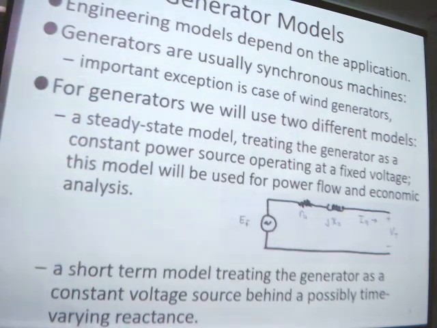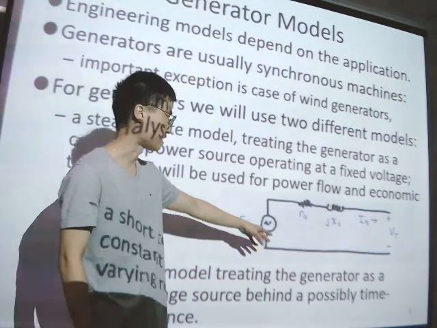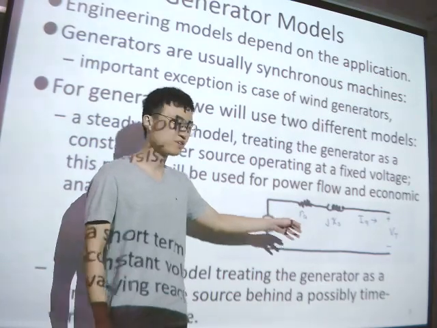The difference is that in the steady-state model, the generator will be a constant power source. You can see it in this equivalent circuit.